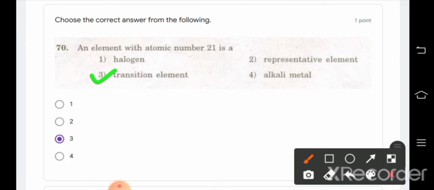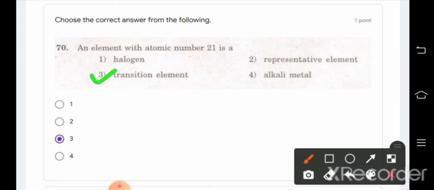And the last, the 18th group elements, are the inert gases, or rare gases. If you look at the periodic table, the electronegativity increases as we go from left to right, and the enthalpy of hydration of the cation decreases from left to right.